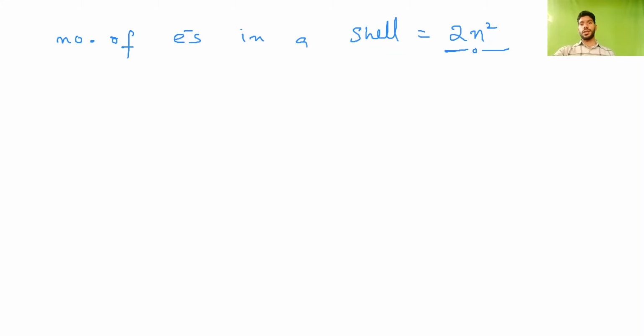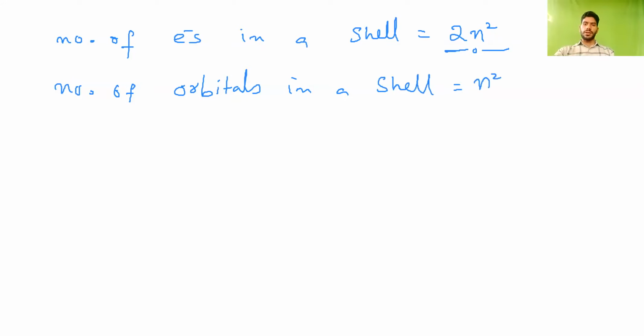And then you can also tell the number of orbitals in a shell. If you have to directly tell the number of orbitals in a particular shell, you can calculate this with the help of the formula n square, right? So that it will become clear.